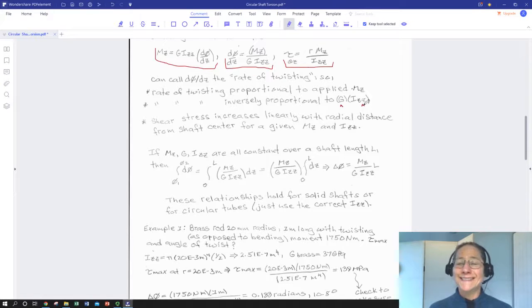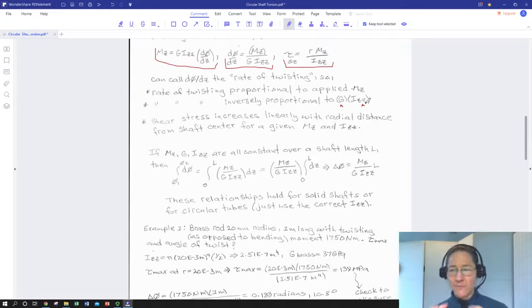So if I want to design against a twist angle, I want the shaft to stay straight and not twist, then I would go with a bigger moment of inertia, which in the case of a circular shaft means a bigger radius, or placing more of the area at a bigger distance from my center. So maybe a tube instead of a solid shaft if I'm going to go with an equal volume of material, and go with a material that is literally stiffer in shear, so a higher shear modulus.